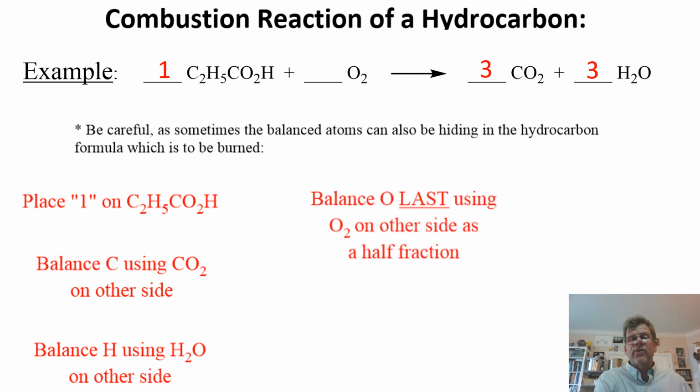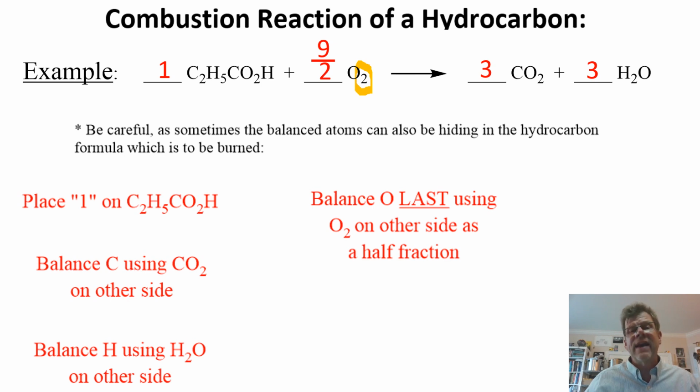So we're going to balance oxygen last in this case. Look up at oxygen now on this combustion reaction of a hydrocarbon. We need 9 oxygens, so I'm going to put the number 9 there and always put it over 2. 9 halves times 2 is going to be 9, always.